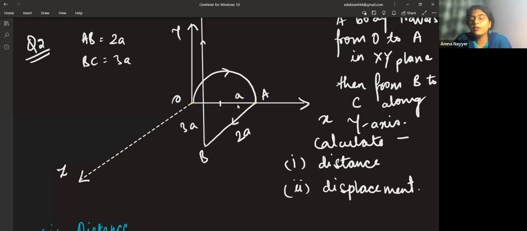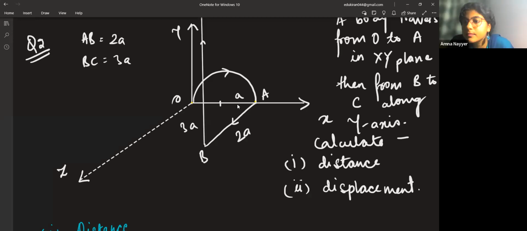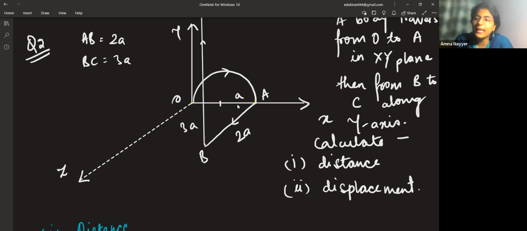What is the perimeter of a circle? 2 pi r. Pi r square is the area. 2 pi r, we have been discussing this throughout. So if 2 pi r is for a complete circle, this is just half of a circle.